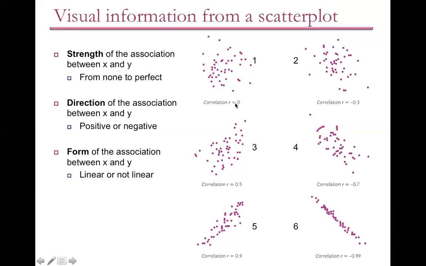You can use these pictures to begin to see the linear correlation between these things. You go from this group where the correlation is 0 down to this one where the correlation is almost perfect. R is equal to minus 0.99, and here R is plus 0.9. You can see one goes up and one goes down. And so that's the correlation.